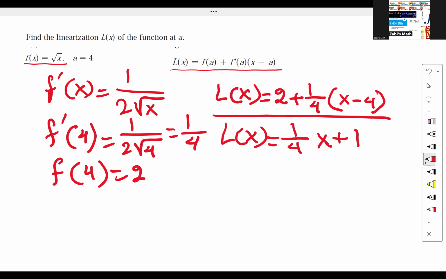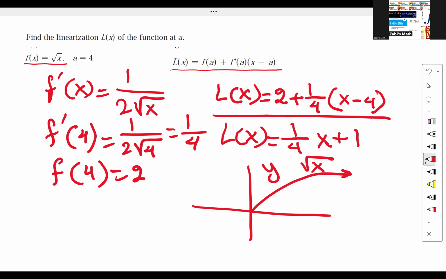So what we're claiming here, if this is y equals the square root of x, at a equals 4, so when x is 4, and of course y is 2, we have a linear approximation, let me change there, something like that.